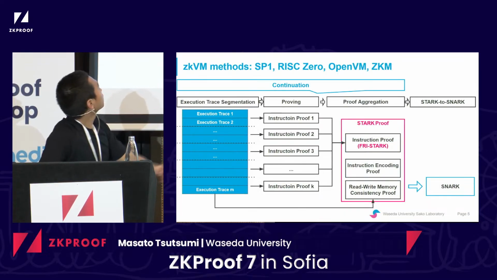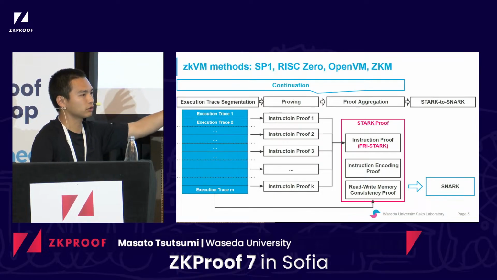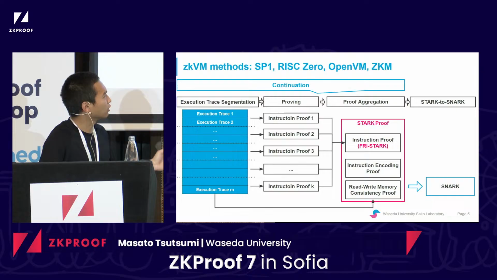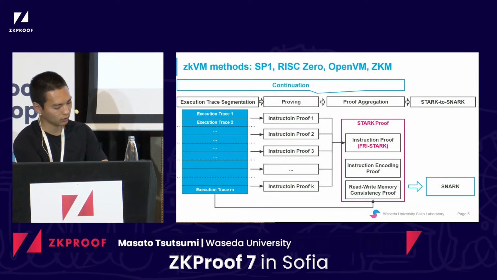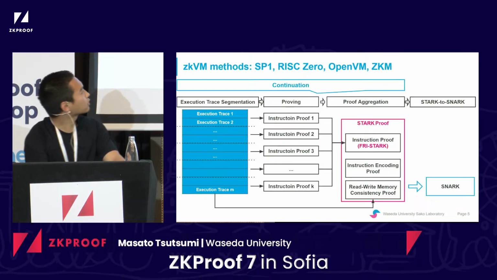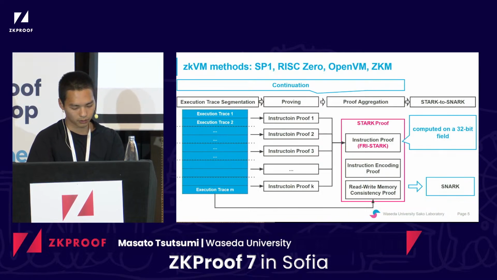The approach from execution trace segmentation to proof aggregation, done in parallel, is called continuation. A common feature is the adoption of FRI STARK-based proof systems, using 32-bit fields to efficiently generate proofs.